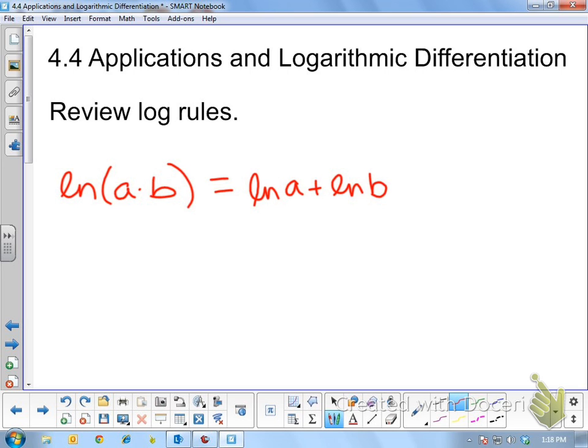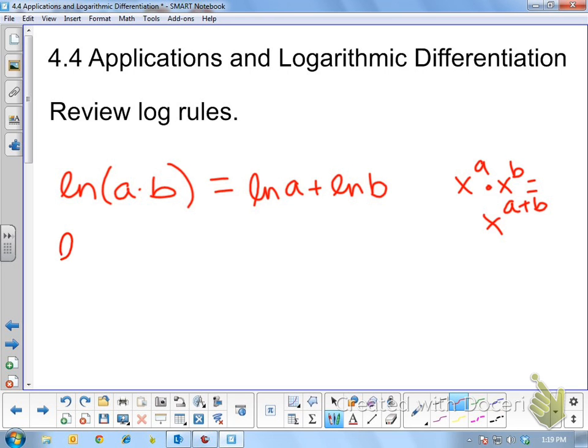Now it's very similar to the same exponential property. If I had x to the a times x to the b, you would know immediately, hey, I add a plus b. They're opposites, so it's a little bit different. Here we're splitting them apart instead of putting them together. But it's basically the same rule, just for the inverse function.